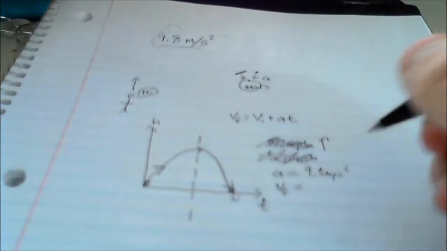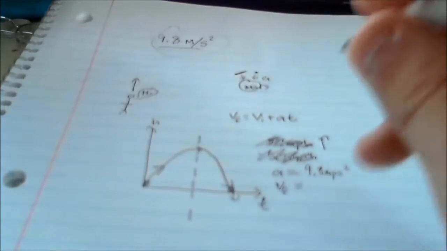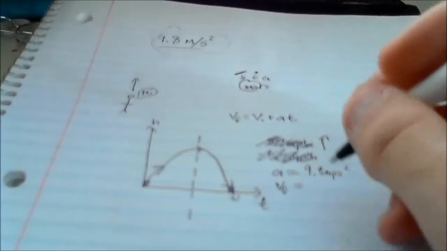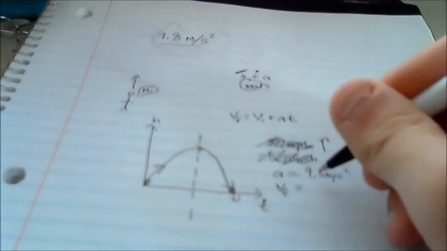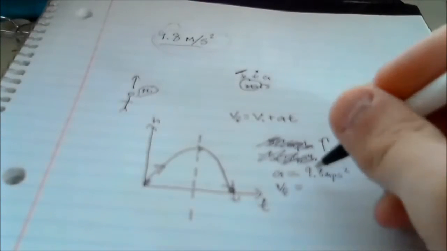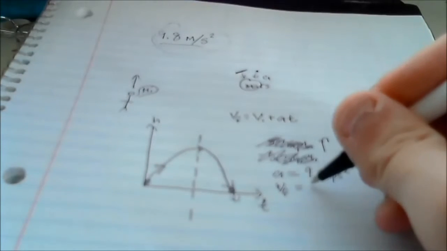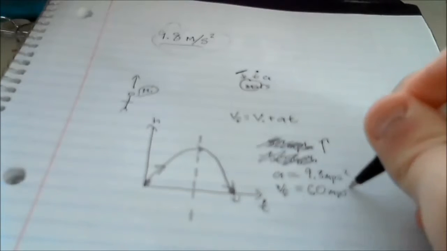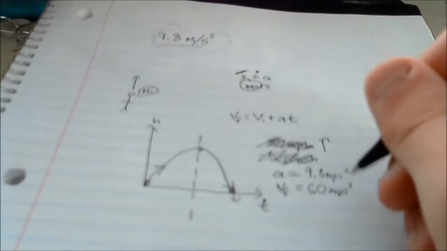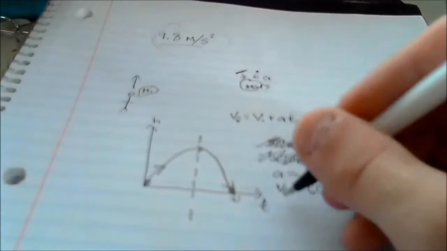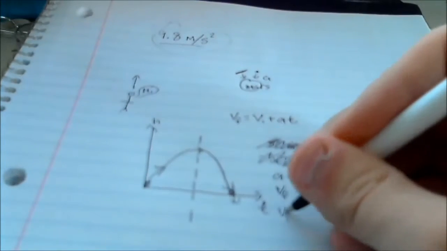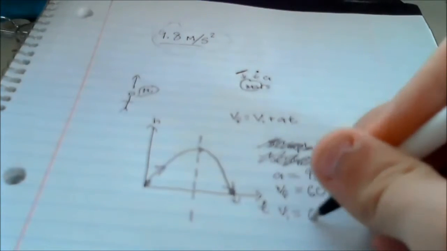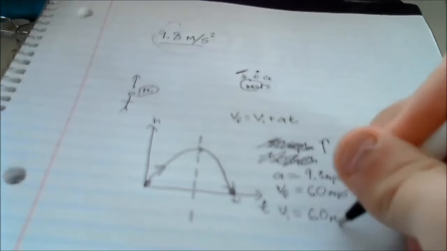Okay, so the final velocity is going to be, let's say, 60 meters per second. That's actually pretty fast. And let's say that the initial velocity is also going to be 60 meters per second.